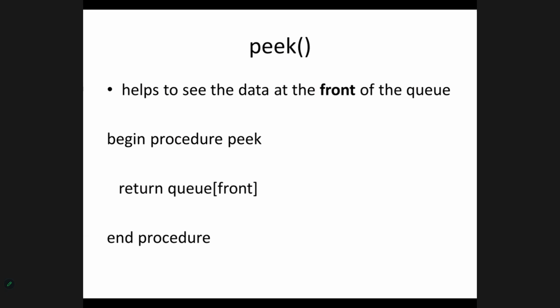Here it will access the front element, because the front and the back both need to be identified. With the peek operation, it will access the front, return queue front. So it will return the front element.